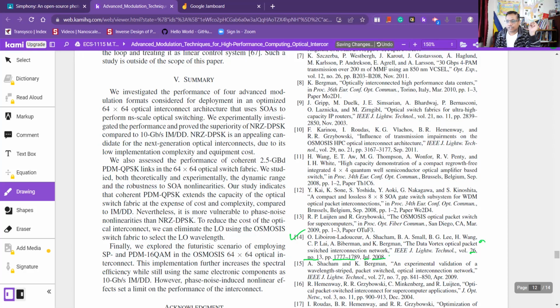So here we can see optical packet switching networks have been implemented. And in 15 also, an experimental validation of a wavelength-striped packet switched optical interconnection network. It was published in April 2009 in the same journal, that is, Journal of Lightwave Technology. So this is how we can go through.